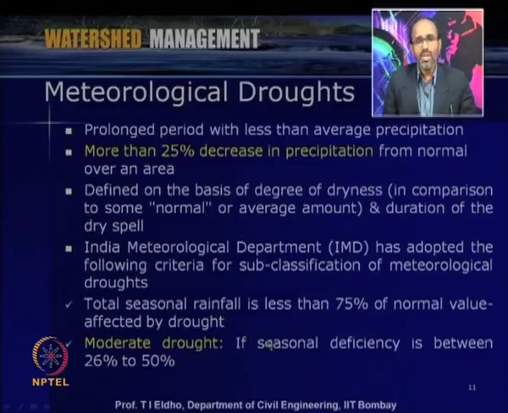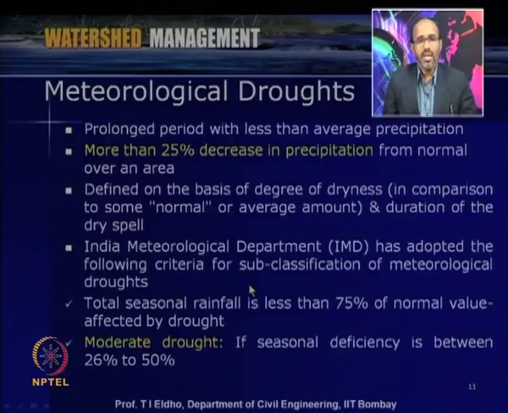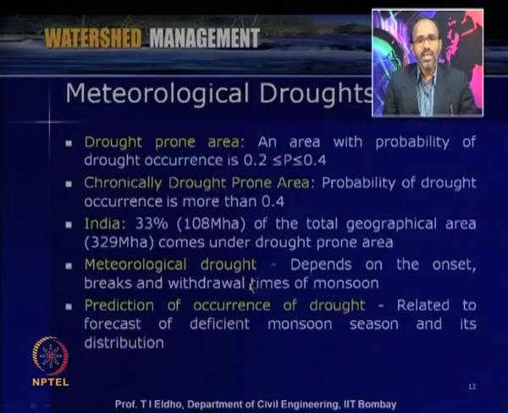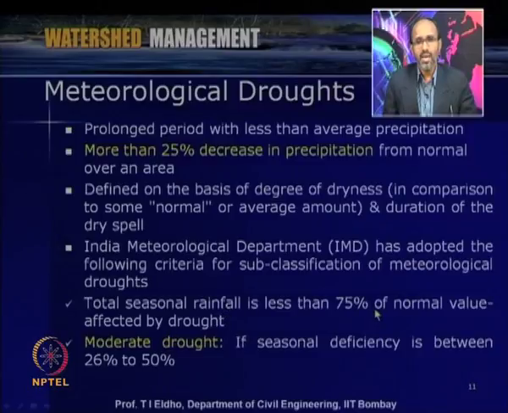Then moderate drought is if seasonal deficiency is between 26 to 50%. Then the third category is less than 26%, or up to 25%. That way we can classify mild, moderate or severe drought conditions.